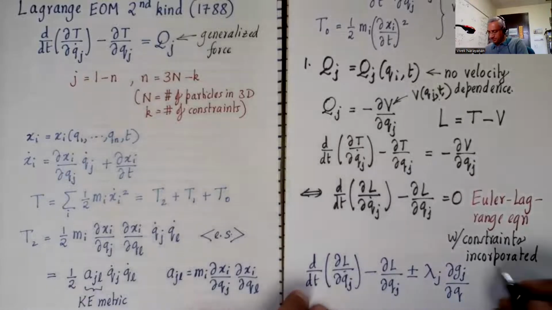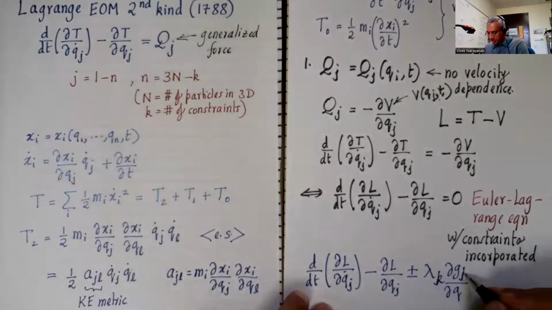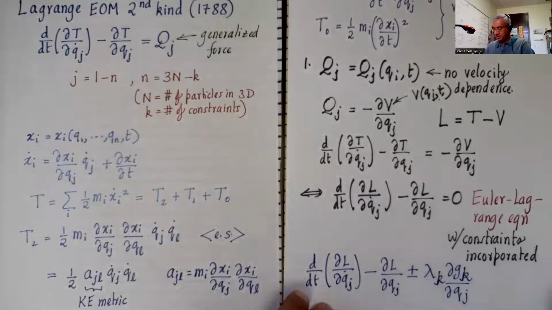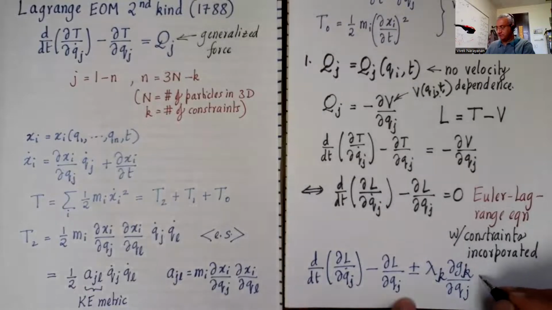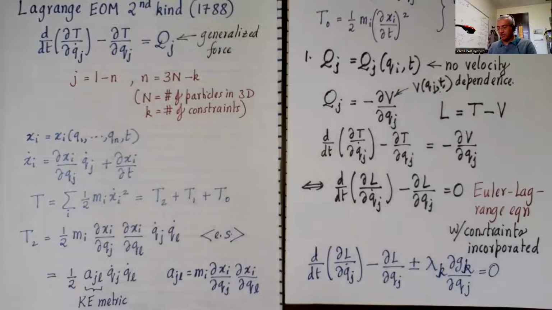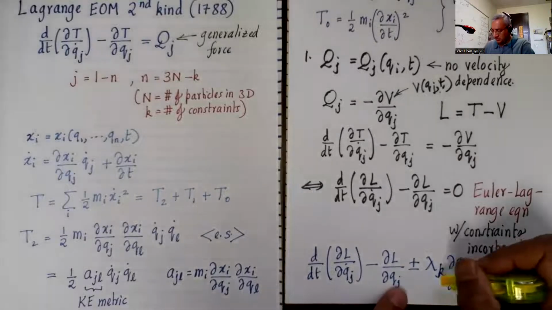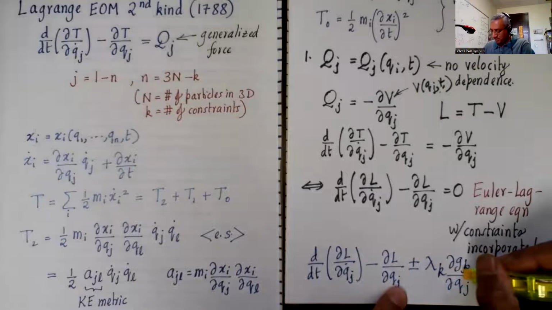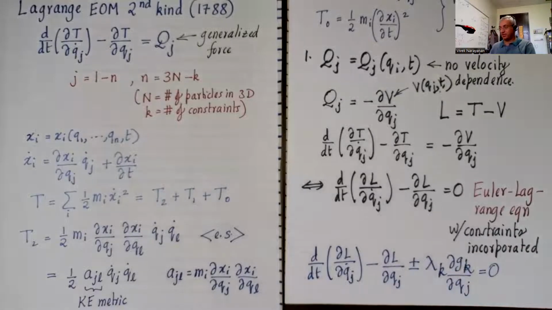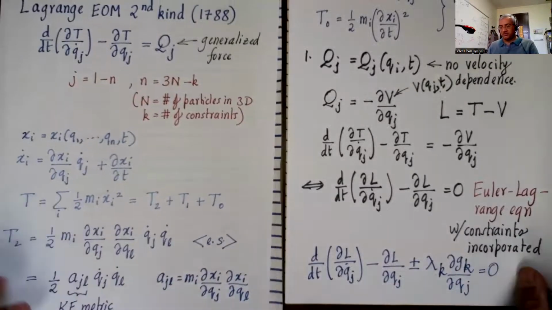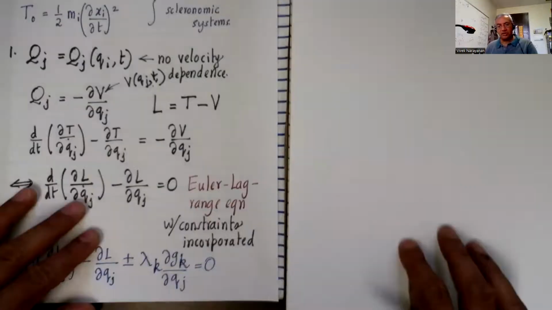I probably should write this with a different index, Gk by del Qj, equals 0. So this time we have not incorporated the constraints, but have kept them independently as Lagrange multipliers. So that's the other thing we can do.